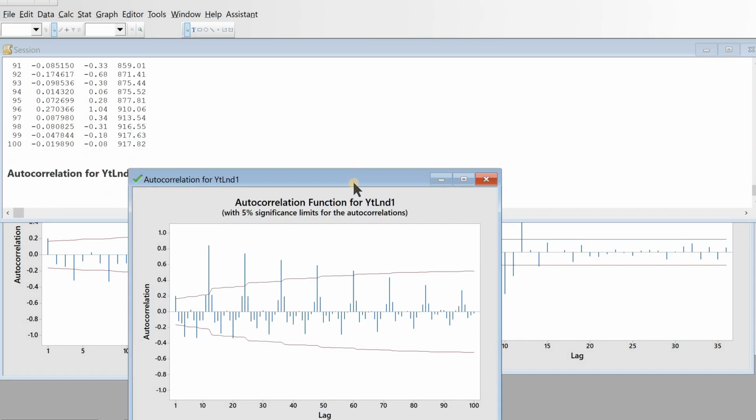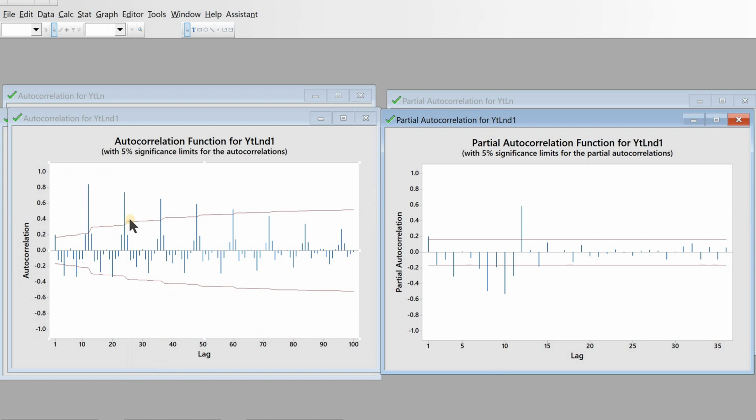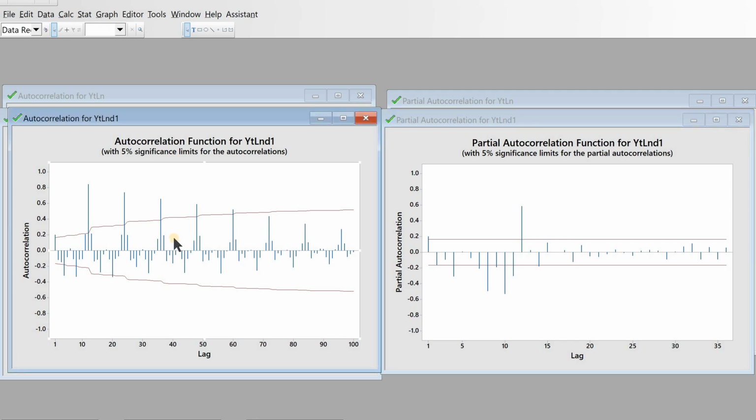This is the ACF plot. From the ACF of the transformed and differenced data, for the seasonal lag, maybe we can say that it dies down very slowly, so we might have to difference it again at the seasonal lag. But let's try to fit a model and see whether it is significant or not.